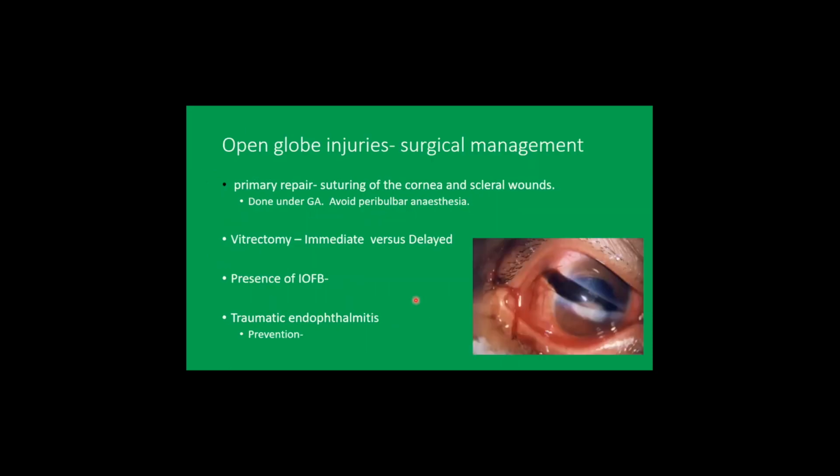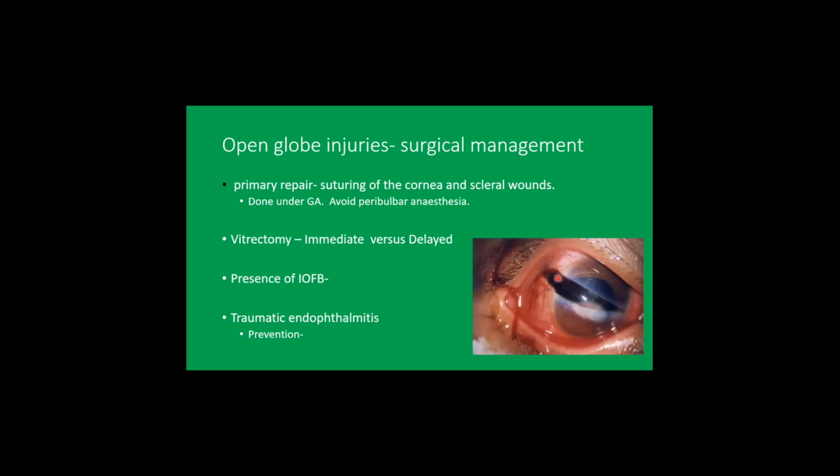Now, if a person comes with open globe injury, for example, corneoscleral laceration, first thing is to suture the cornea. If there's involvement of the sclera, you need to explore to determine the full extent of the scleral involvement, and then you repair. This is usually done under general anesthesia. Peribulbar anesthesia may lead to expulsion of intraocular content, so it's not recommended.